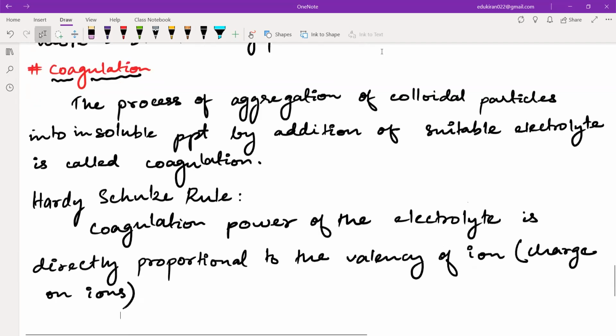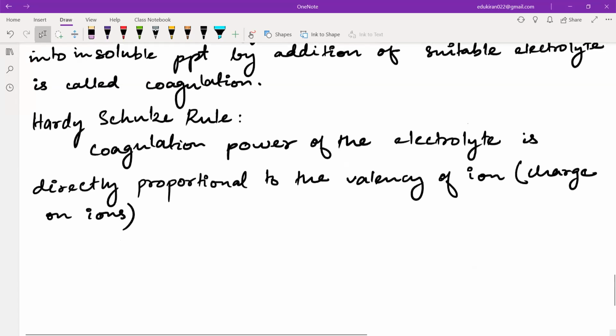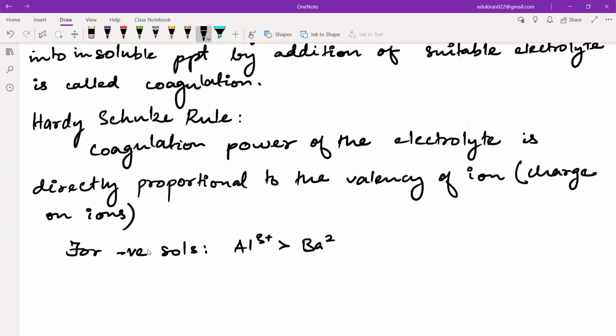If I'm talking about a negatively charged sol, then for negative sols, Al3+ will have the greatest coagulation power, followed by Ba2+ and followed by Na+. So if you have more charge, the coagulating power will be higher.